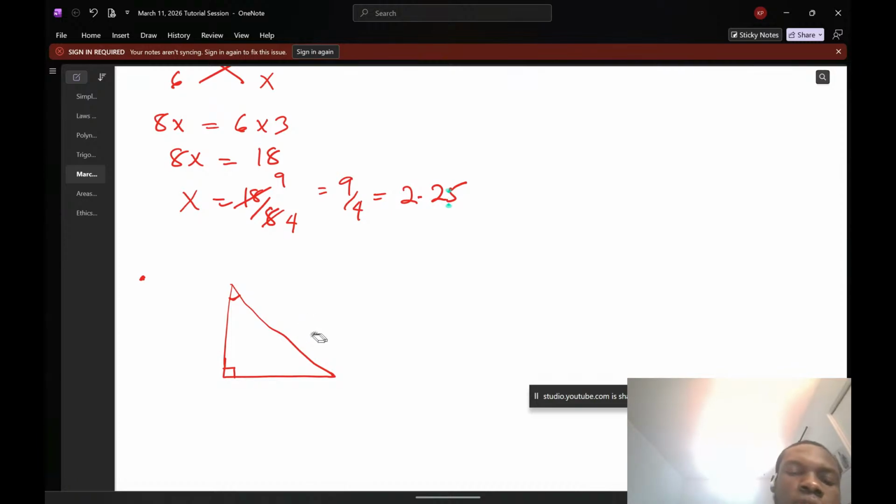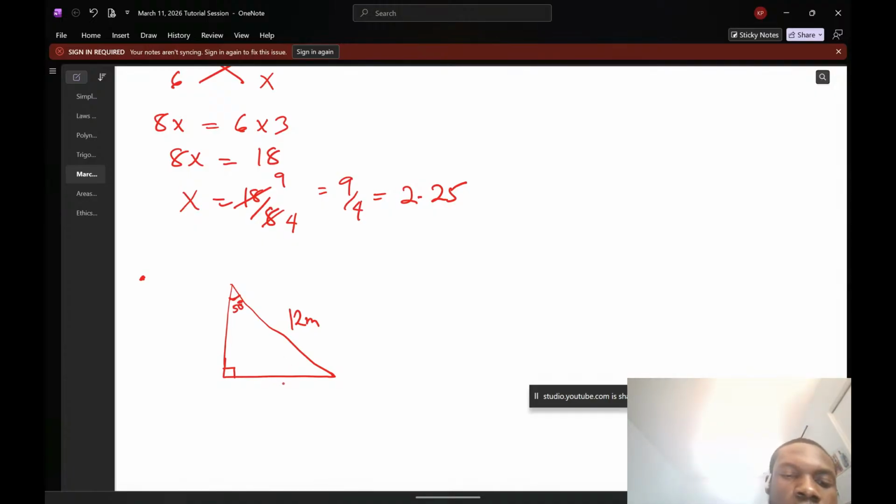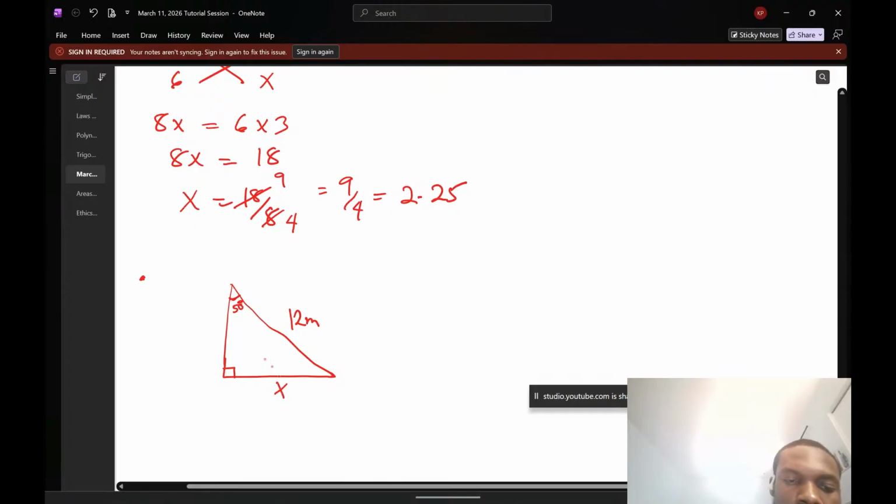Let me use 12. Let me say this side is 50 degrees. This side is 10 meters. And on this side is 12 meters.